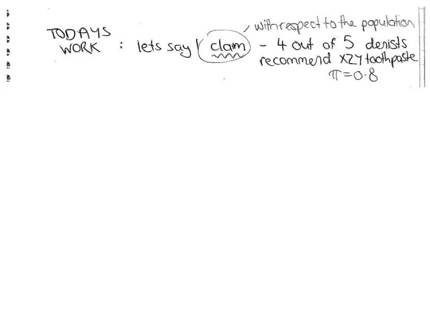It's a claim. So they're making a claim, and when they make that claim, they want you to think that that claim is with respect to all dentists. When they say 4 out of 5 dentists recommend this toothpaste, they don't want you to think, oh, well, that was 4 out of 5 in the sample of 50 dentists that they spoke to.